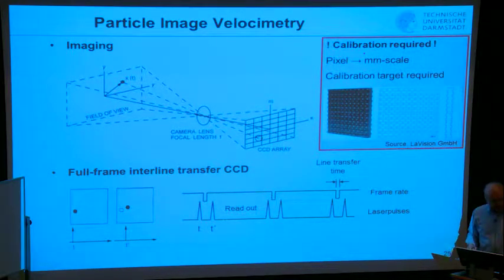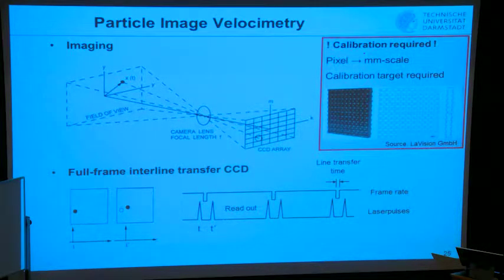Different than LDV, you need a calibration, and the calibration means you have to bring the physical scale, millimeters, onto the CCD or CMOS array, which is made out of pixels. And you have a certain magnification, and that needs to be accounted for by calibration plates.